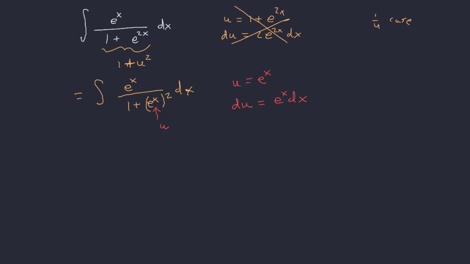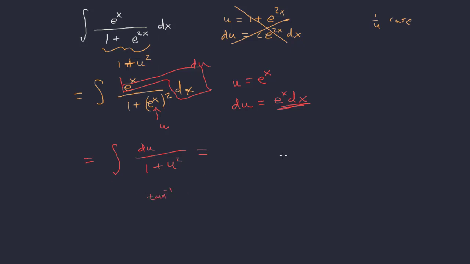Now, I have this e to the x dx. It's here. So that means I can replace this with a du, and this will be a u squared. So the new integral becomes the integral of du over 1 plus u squared. And that is my tan inverse pattern.